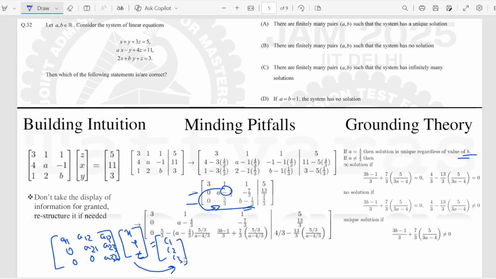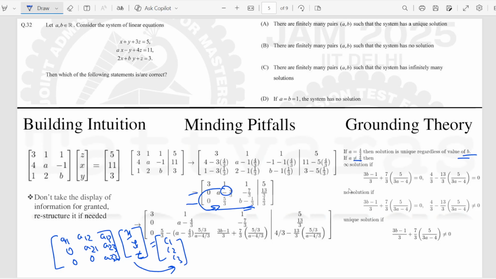Z is basically C3 divided by A33. And with the value of Z, it becomes easier to find the value of Y. And with the value of Y and Z, it becomes easy to find the value of X. So this is why we reduce the system of equations or transform it into this structure. So a equal to 4 by 3 gives scope to take infinite values for b to get a unique solution.